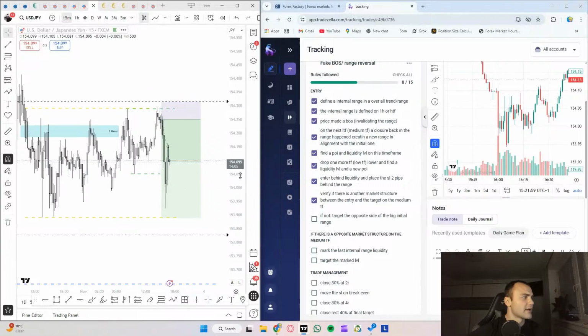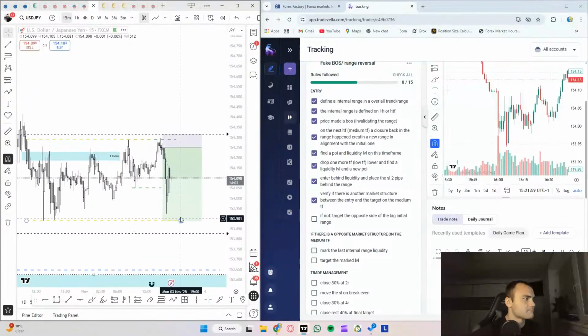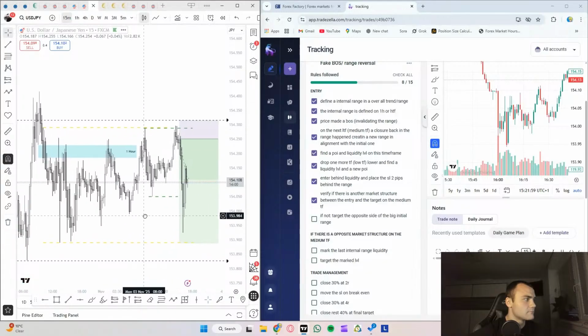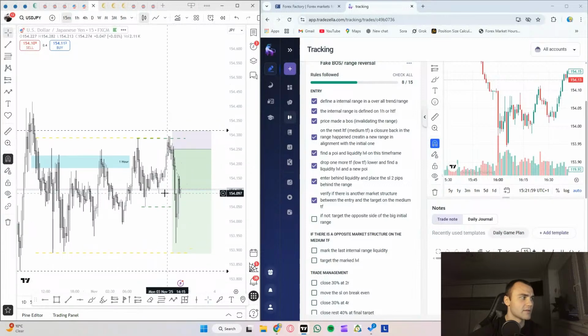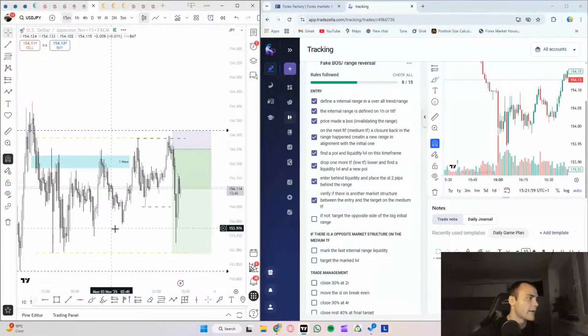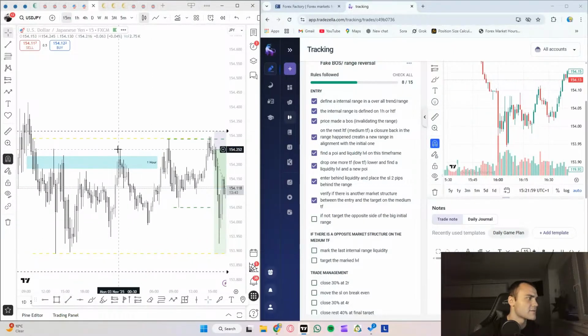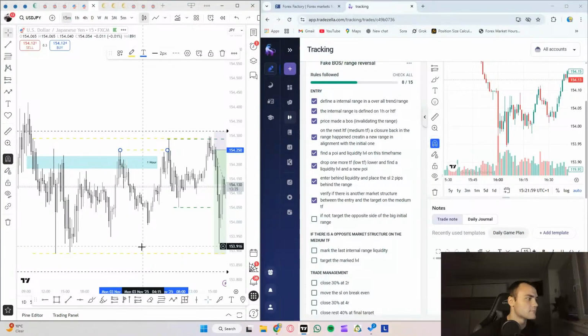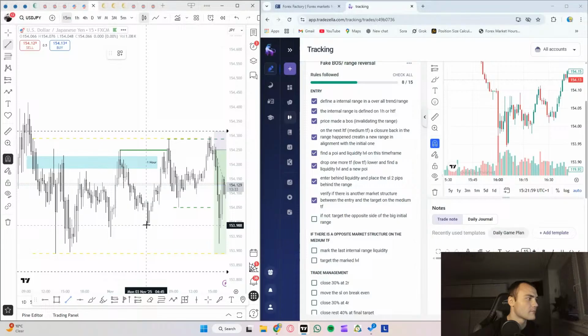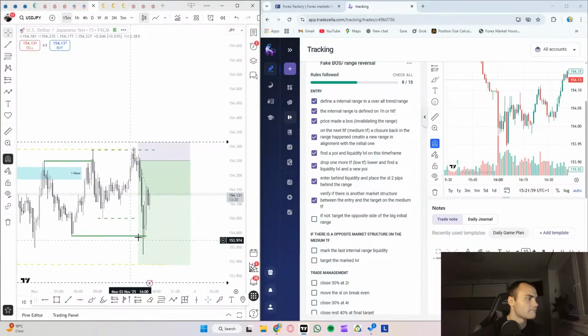Mark the last internal range liquidity, which was this one or this one. Now, depends how you are seeing this, right? Could have been both, because what I'm doing, when I map the market structure, it's basically like this. Right?